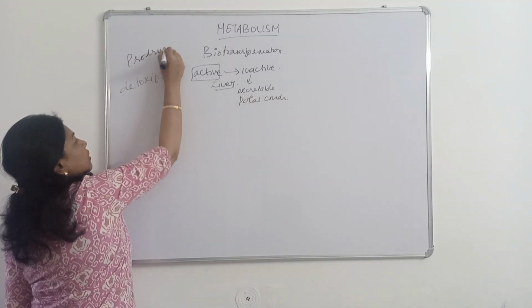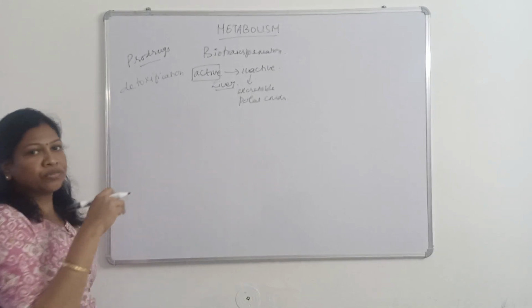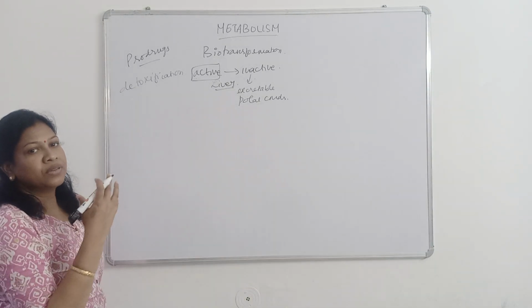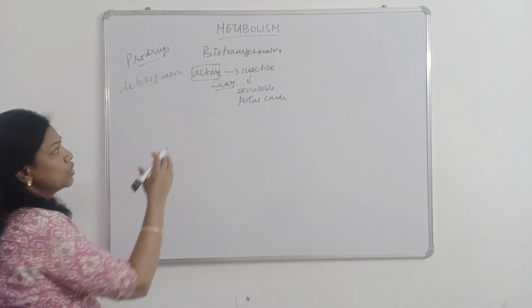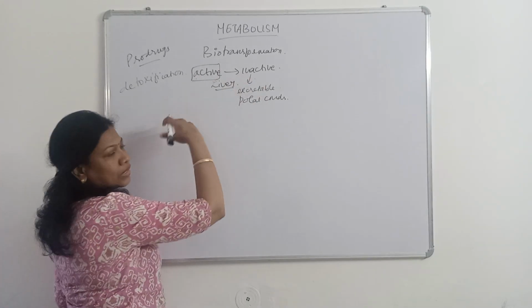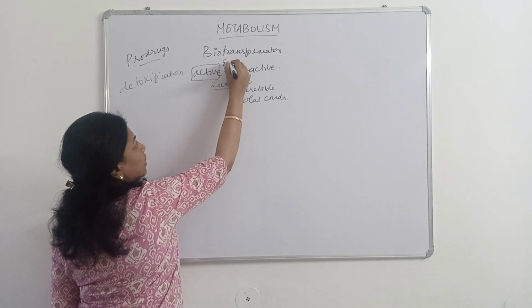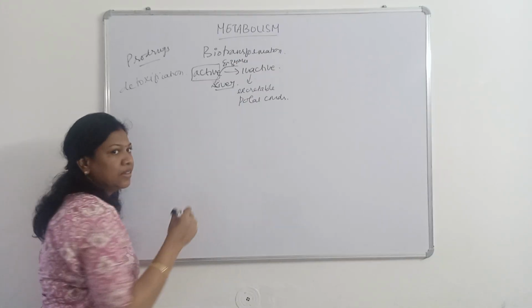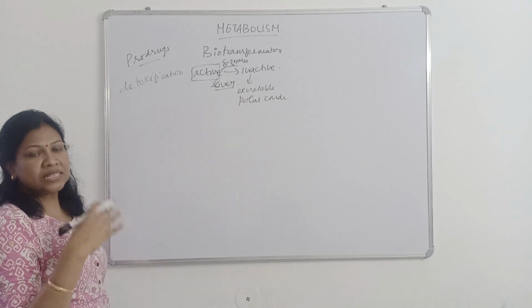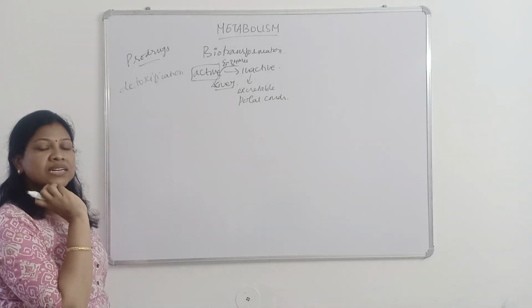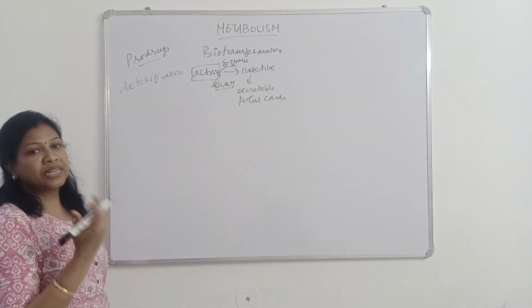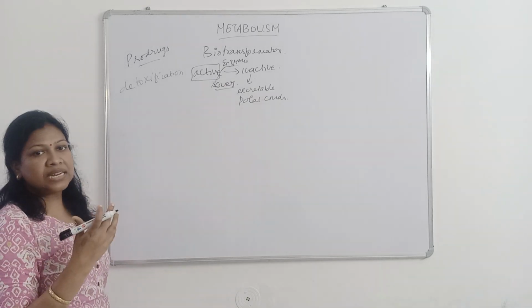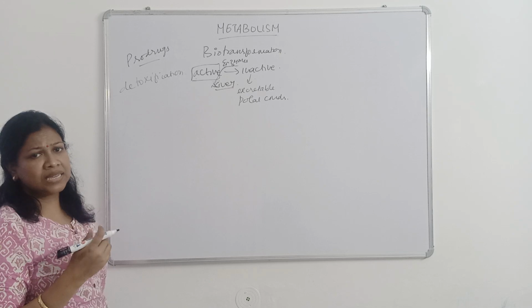In prodrugs, we administer the inactive form of the drug, which further converts into its active form with the help of some enzymes. The conversion of active to inactive or inactive to active drug needs enzymes, which are synthesized and present in the liver, responsible for the metabolism of drugs. Not only the liver, the intestine also has enzymes.